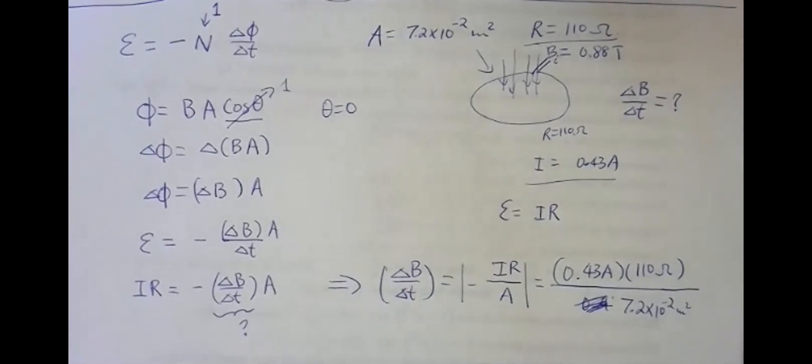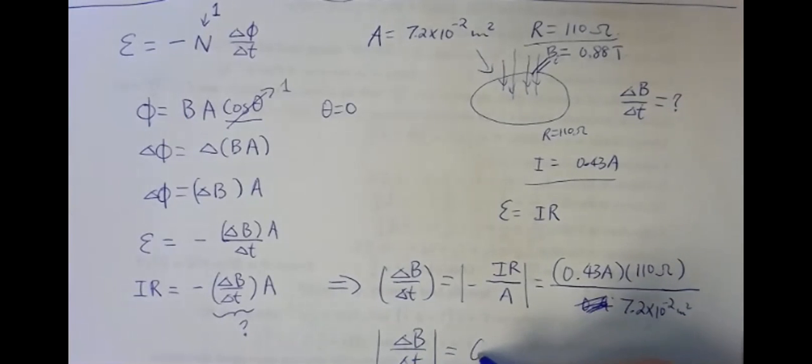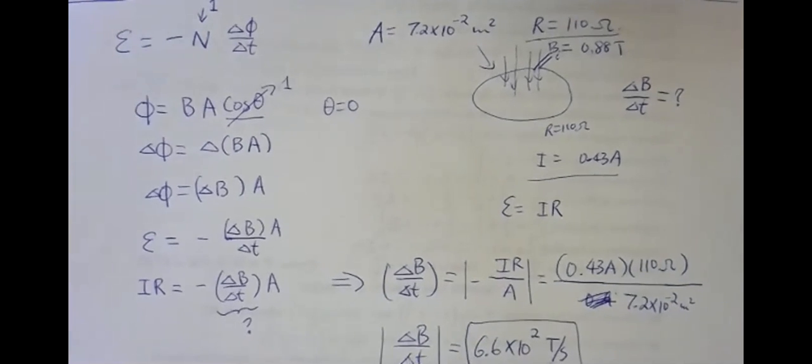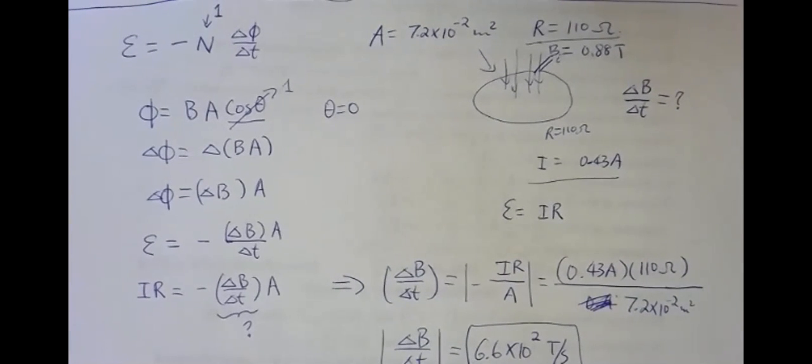So then your delta B over delta T, let's say we are just looking at the absolute value of it, should be equal to, after all this, 6.6 times 10 to the second Tesla per second. That's the rate at which this field must be changing.